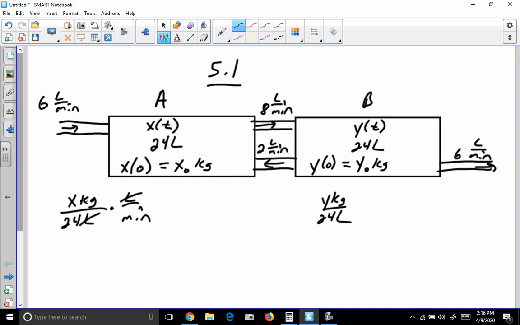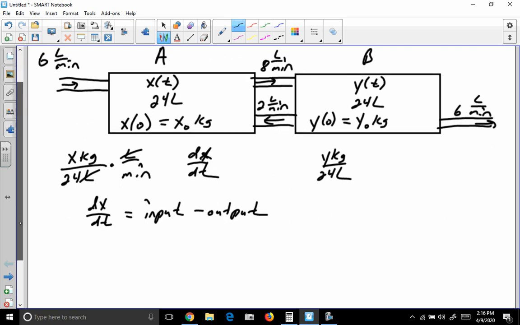Liters cancel, so this gives kilograms per minute. That's a change of mass per unit time, so that's a dx dt. Remember from previous studies that dx dt or dy dt is the input minus the output.